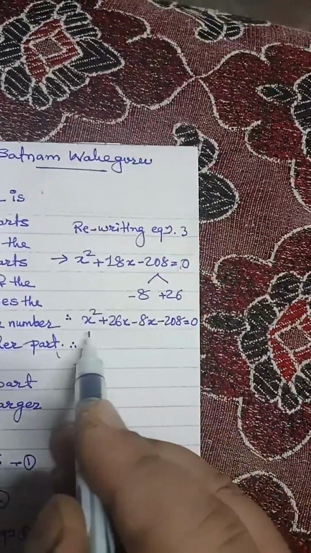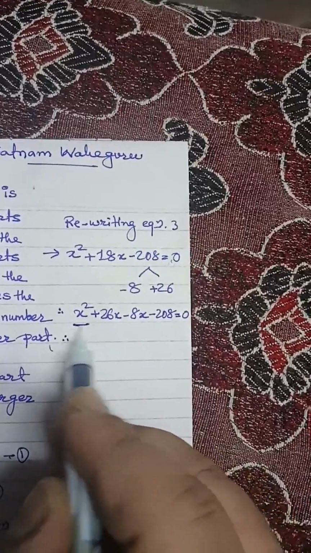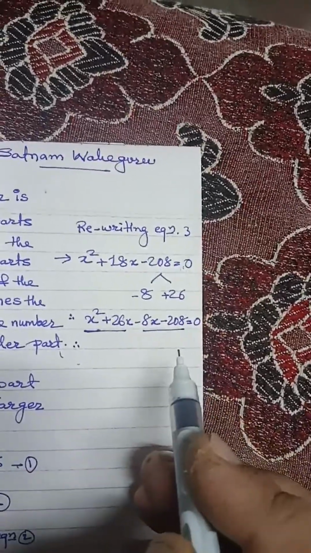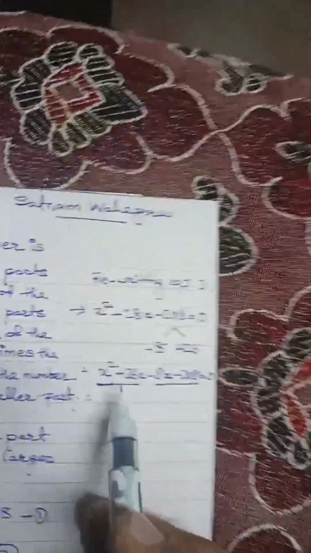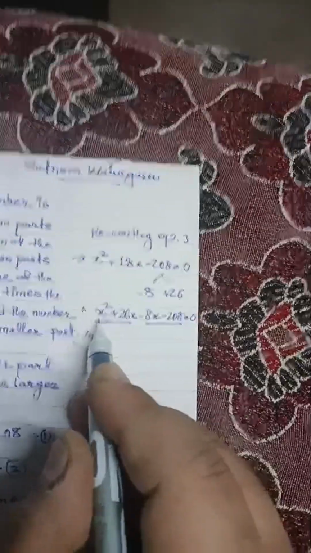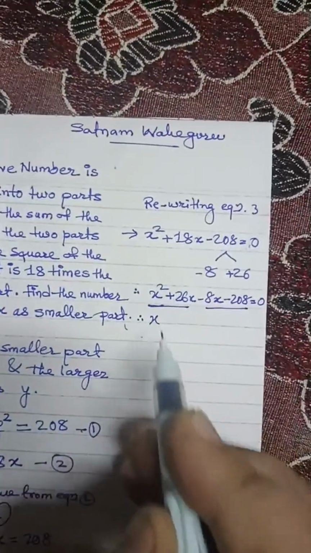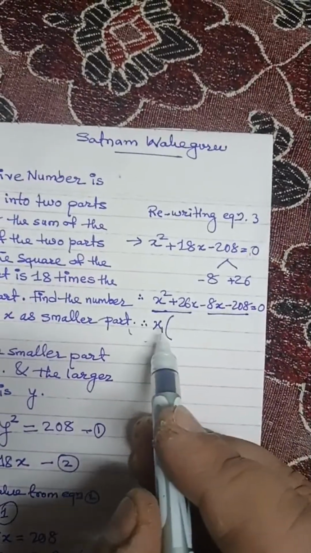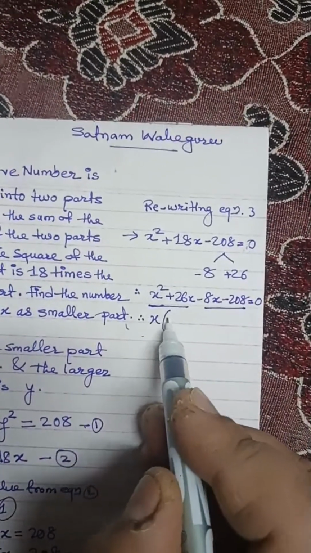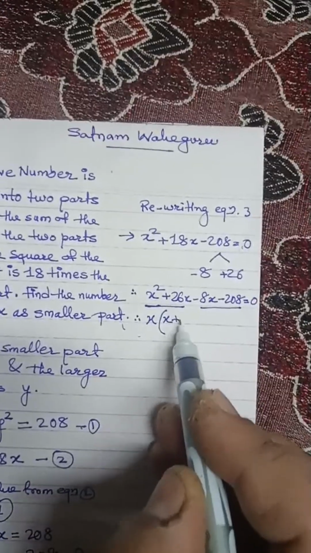From these four terms, this is the first and second term, and this is the third and fourth term. We need to take something common from the first and second term, and upon examining, x is a common term between these two. If we take x outside, inside we'll be left with x plus 26.